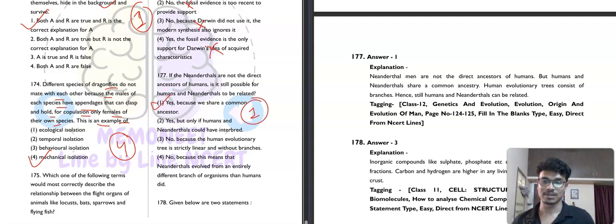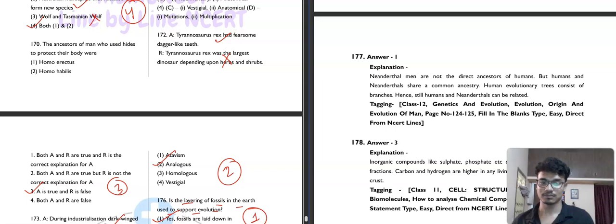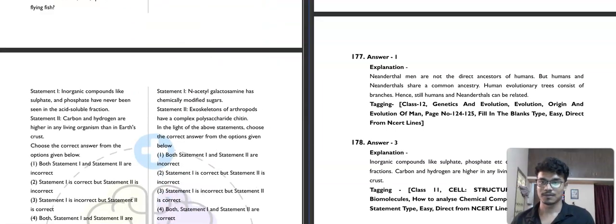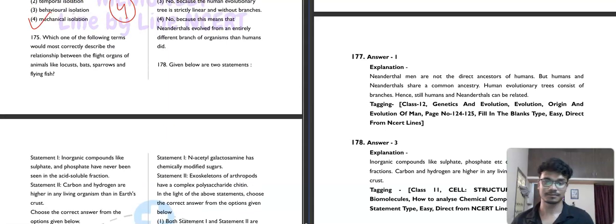Then question number 178. It is saying that given below are the two statements. Statement first, inorganic compounds like sulfate and phosphate have never been seen in the acid soluble fraction. Statement second, carbon and hydrogen are higher in any living organism than in the earth's crust.